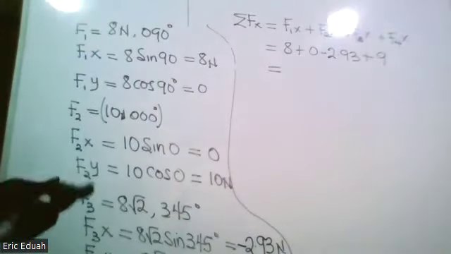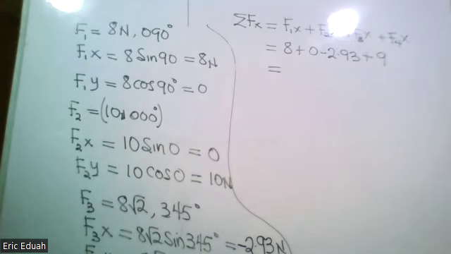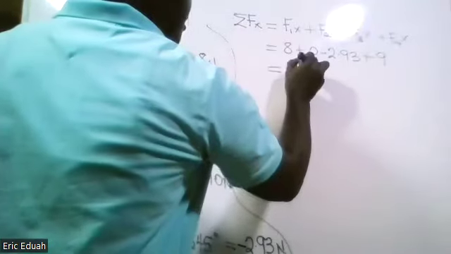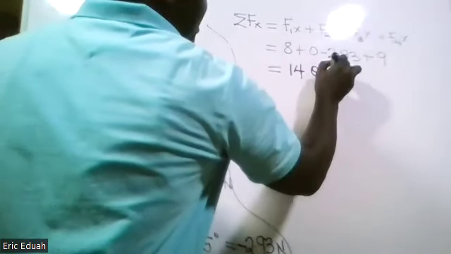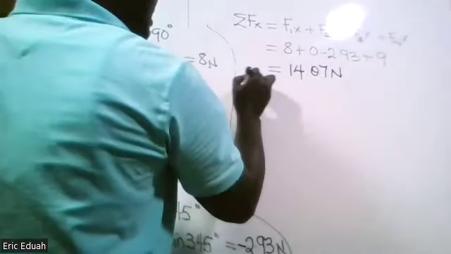Sum this up for me. 17 minus 2.93. What did you get? 14.072. Okay. So 14.07 Newton.